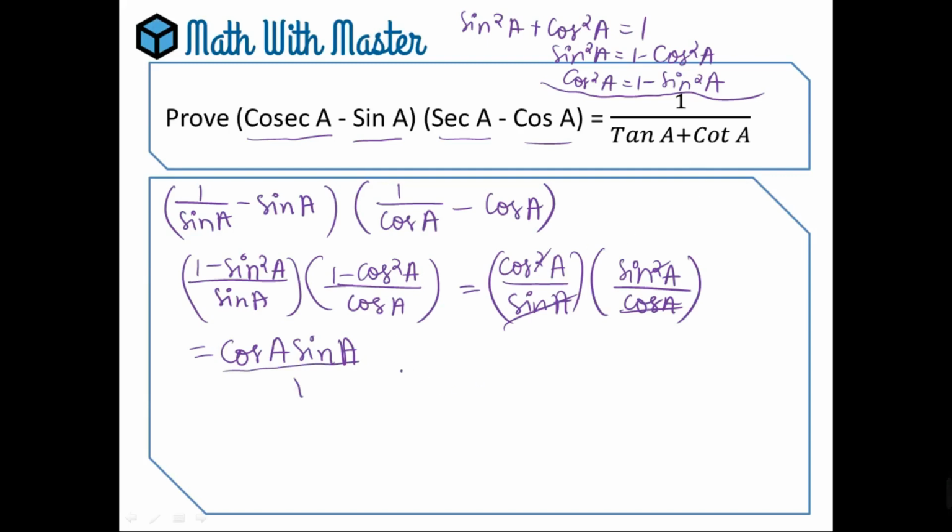We know that sin square A plus cos square A is 1.